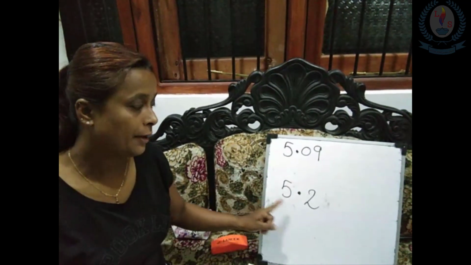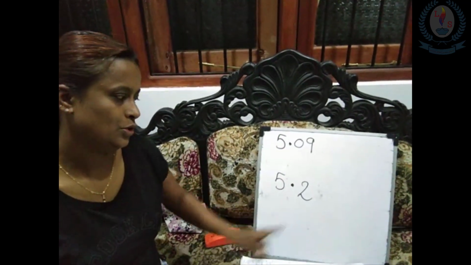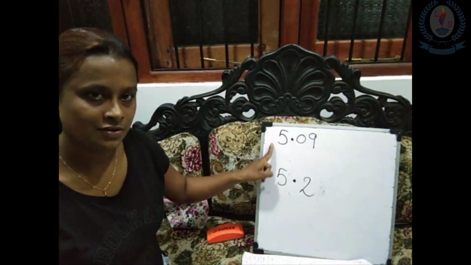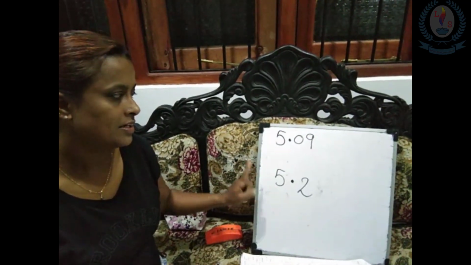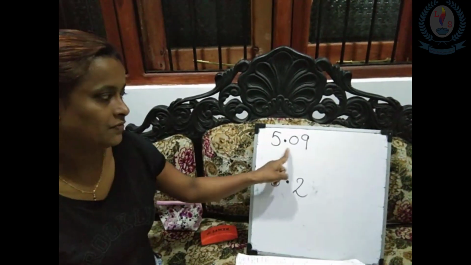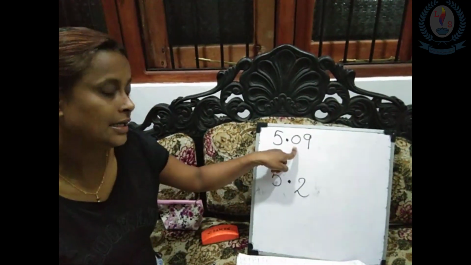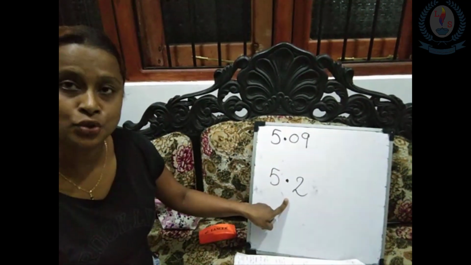Okay, now look at these two decimals. 5.09, 5.2. Now let's compare these. First we compare the ones place. Ones place, same number. Now let's go to the tens place. The first number after the decimal point is tens. Here 0, here 2.